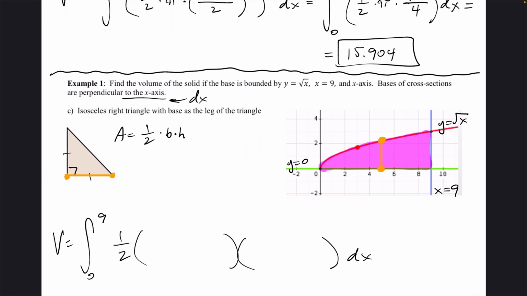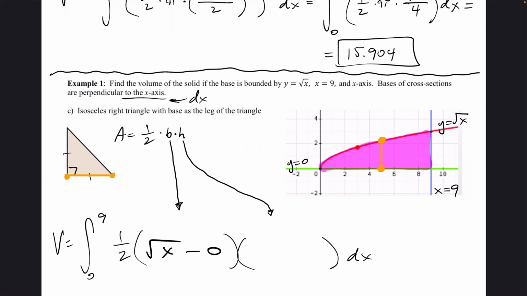Square root of x minus 0. That's going to be the base. What is the height going to be?